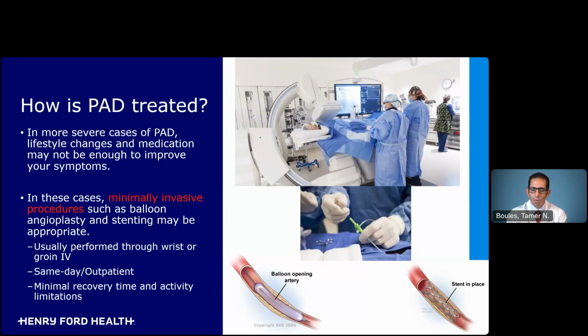And again, the recovery time from this is pretty short. It's really an outpatient procedure where you're only resting for about an hour to two after the procedure, and then you return to near normal activities relatively quickly.